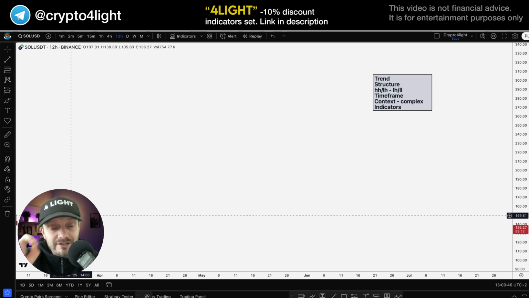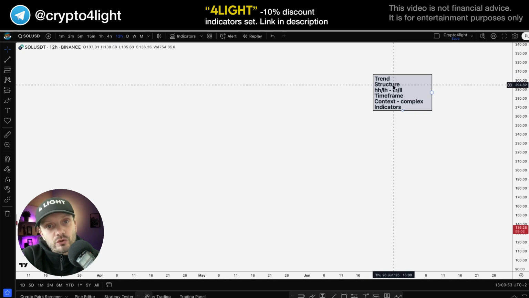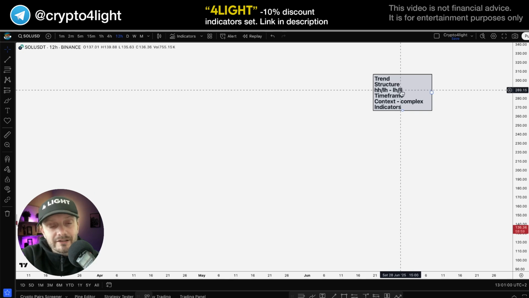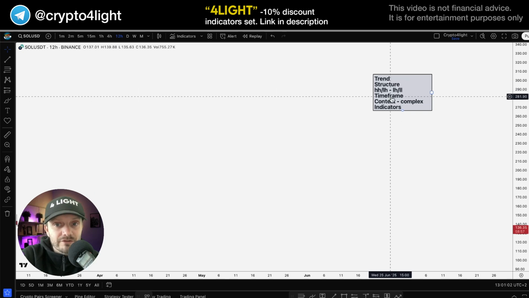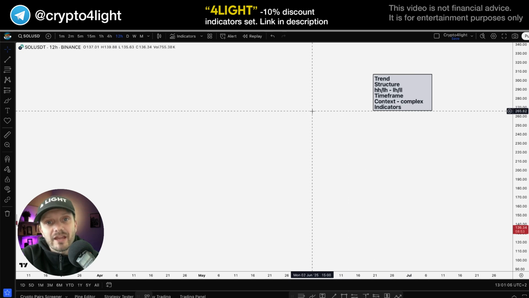But every single time, pay attention to the time frame where you trade. So, trend is your friend. Structure, I showed you. Pretty simple. Uptrend: higher high, higher low. Downtrend: lower high, lower low. Pay attention to the time frame, context, and the complex, and you can use indicators to identify the structure.